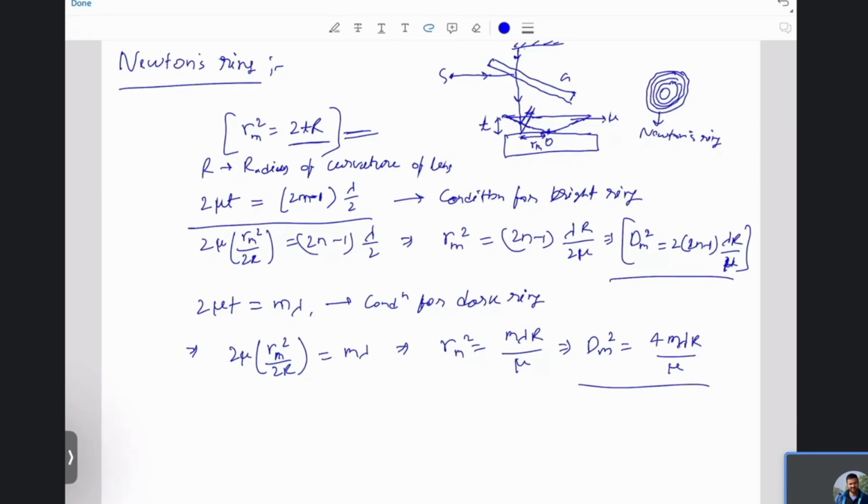And now what you can do is use this Newton's ring to calculate the wavelength of the light that you are using. So how will you do that?